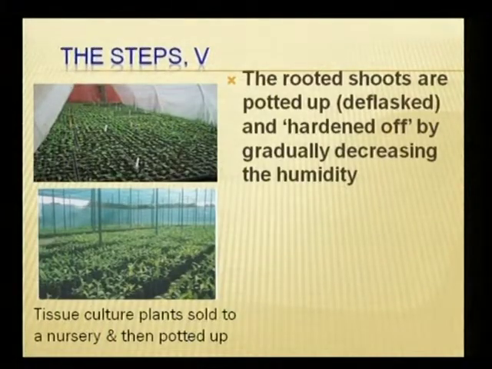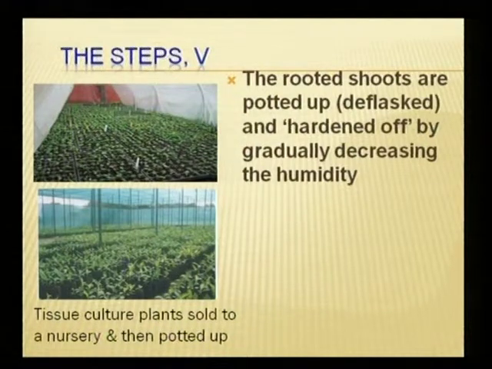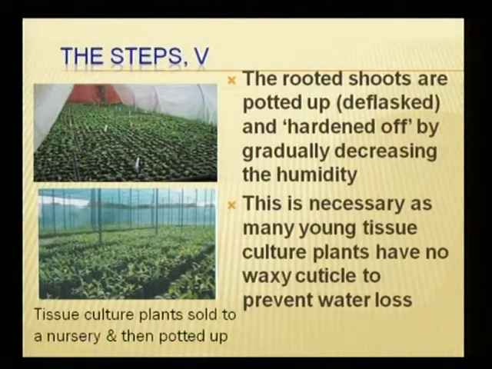Now, let us recapitulate once again. Root formation. The rooted shoots are potted up and hardened by gradually decreasing the humidity. Here see so many plants in a very short period in a very limited space. Here the culturing is done.